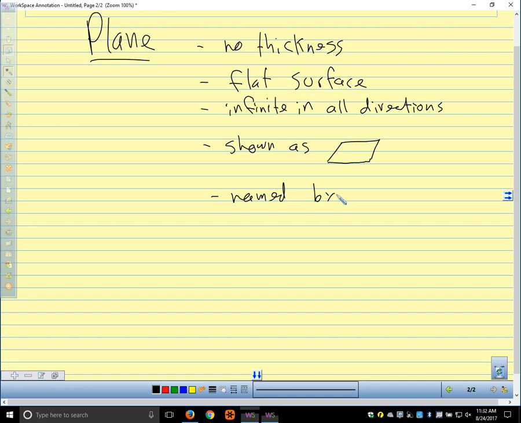Did anybody get how planes are named? This one I want you to pay particular attention to because students find it tricky. We name it using 3 points, and the points can't be on the same line.